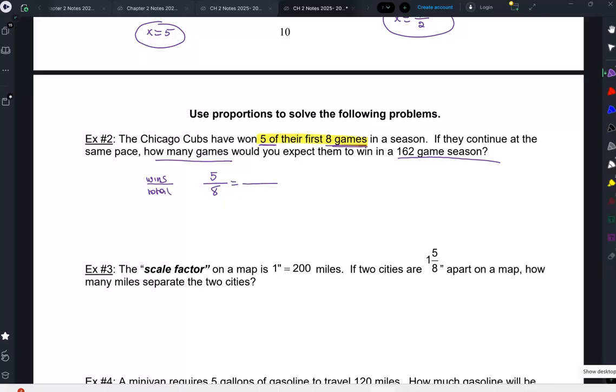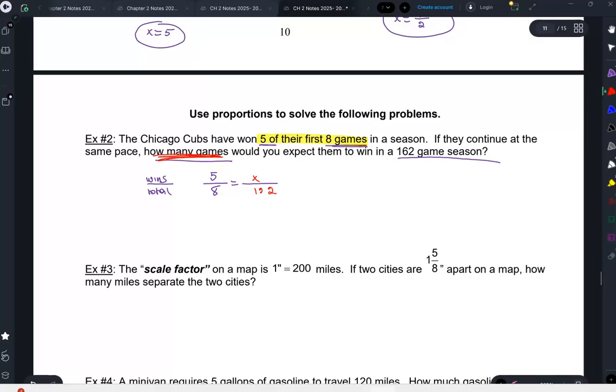So now this equals another proportion. Now the other situation is how many games? That's X, because I don't know that. But does that go in the top or in the bottom? How many games would you expect them to win? That goes on top. 162, that's the total. It goes on the bottom.